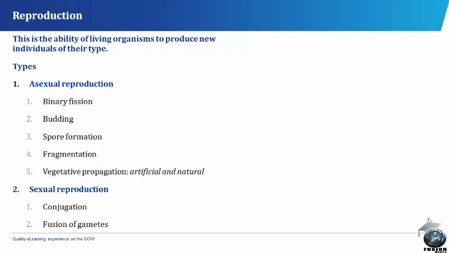The methods of artificial vegetative propagation include the following: 1. Layering. 2. Cutting. 3. Marcotting. 4. Grafting. Layering. A healthy branch of a plant is bent until it touches the ground.